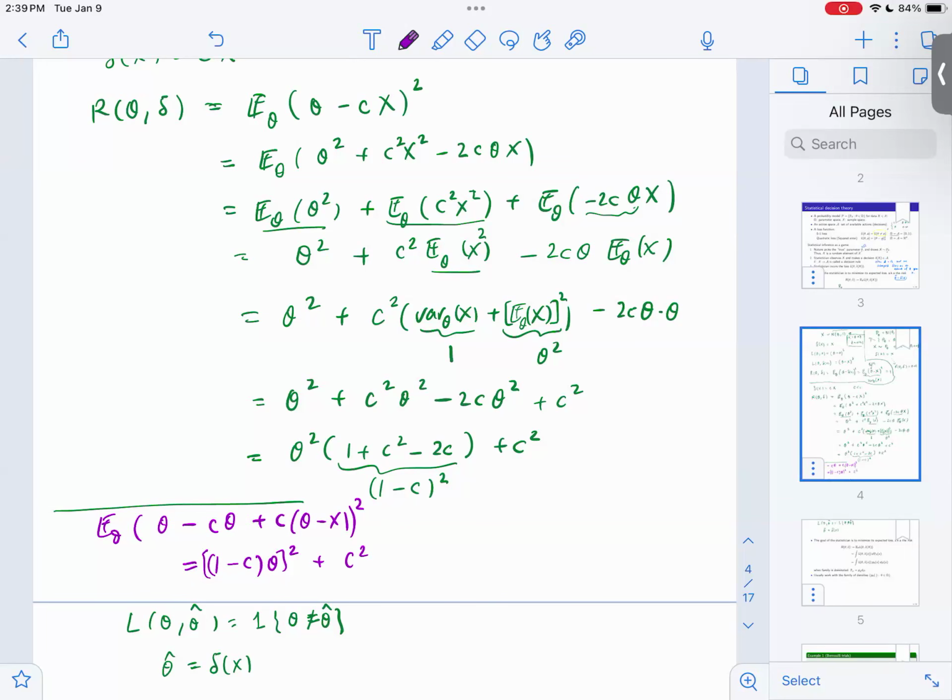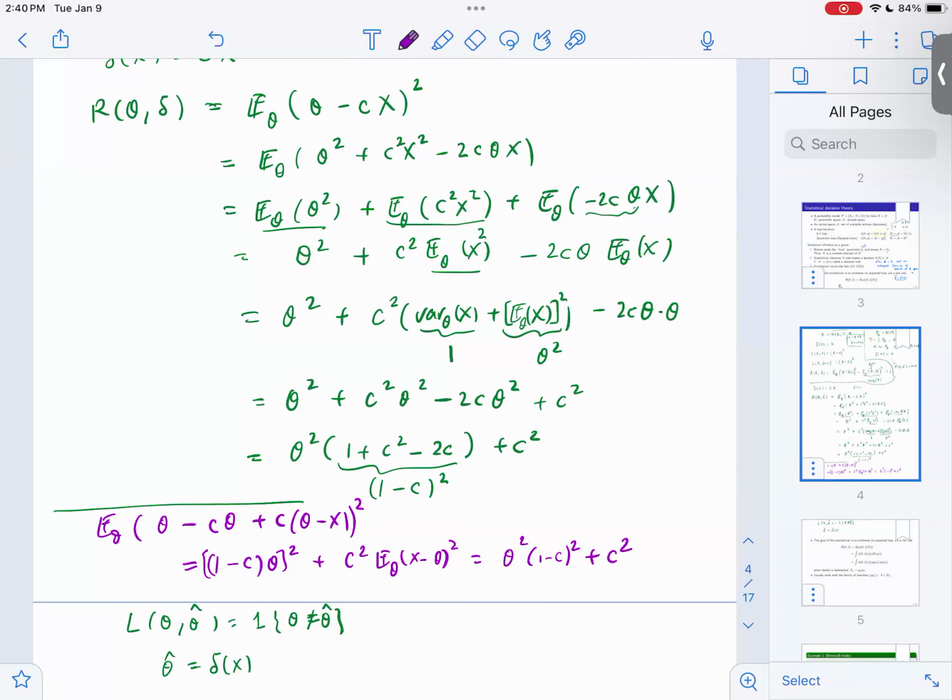The second one would be the expectation of (theta minus x) squared. And then there's a cross term, which is twice this times that, and then the expectation, but the expectation passes through if this expectation is 0. So the cross term goes away. That's the easy way of doing it. It seems to be correct. So theta squared times (1 minus c) squared plus c squared.